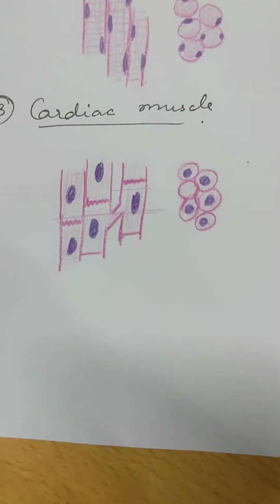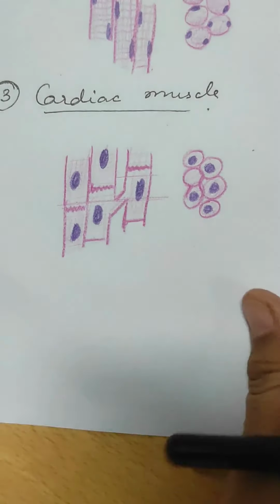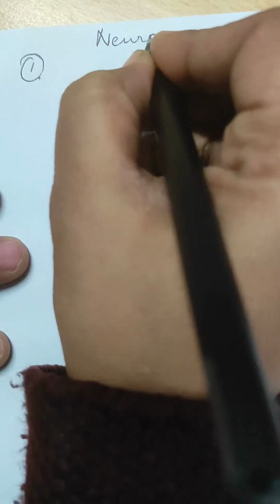Neuron means the first one, neurons. How many types of neurons do we have?